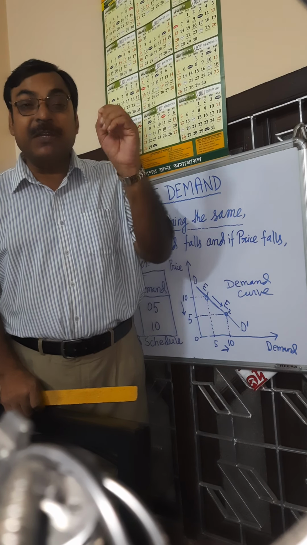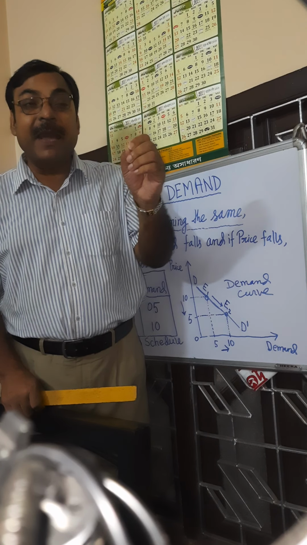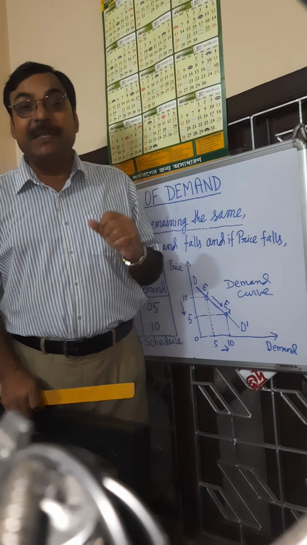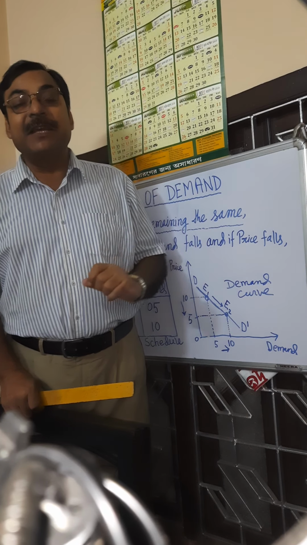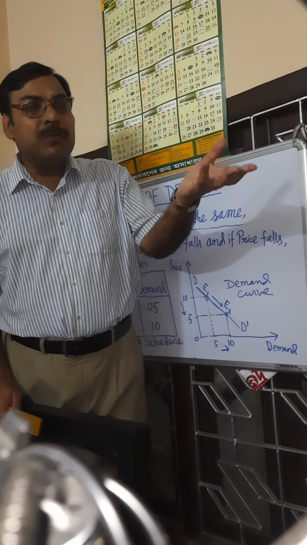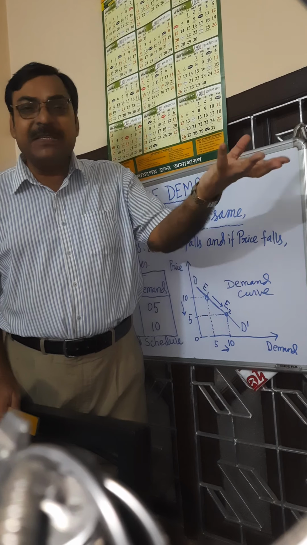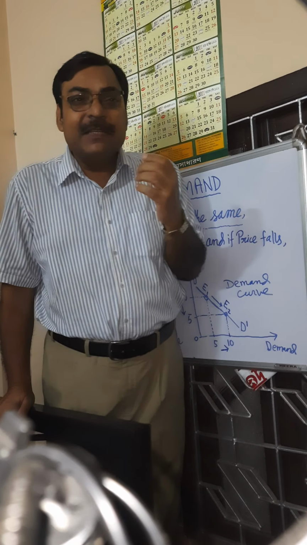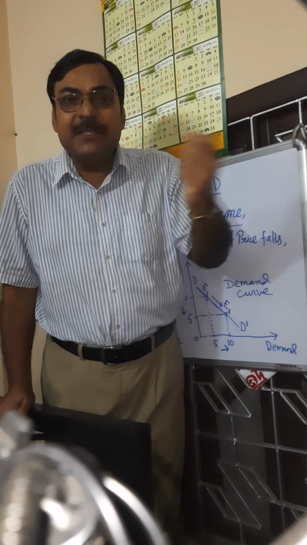The most important factor determining demand is considered to be the price of the commodity, and the price-demand relation is the law of demand. Generally, when we go for purchasing any commodity, our first question to the seller is, what is the price of this commodity?